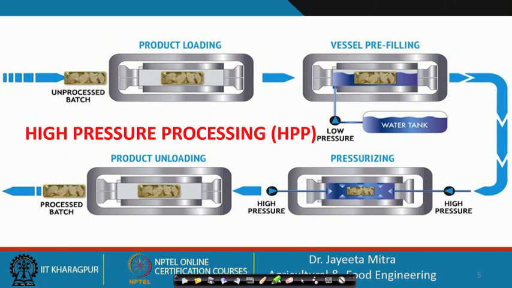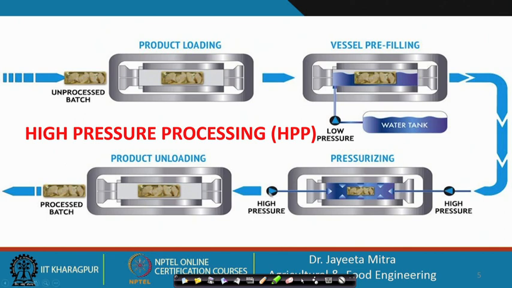High pressure processing is not very new, we can say, because the first experimentation related to high pressure processing was done around 1889, and at that time it was not much used, only it was established that high pressure processing is efficient in decreasing the microbial contamination.